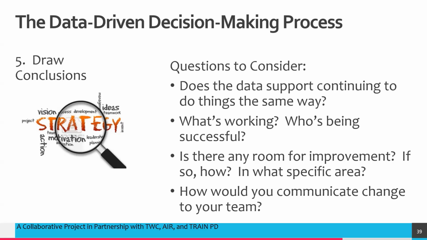Is there any inconsistent information that does not correlate to the mission? If so, what is the significance of this? So we're drawing conclusions based on all the information that we've identified from our sources, that we've organized in the data, and that we have analyzed. So now we're going to draw those conclusions.